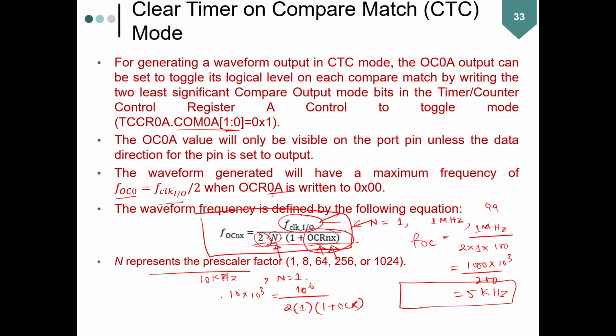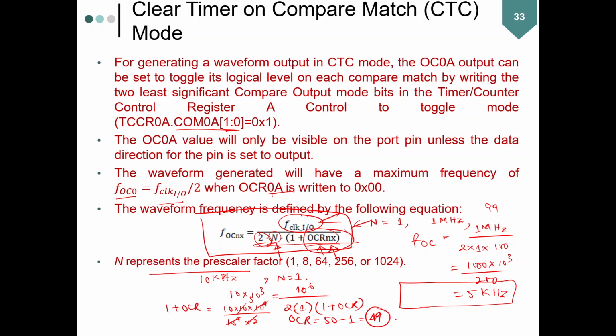So 1 plus OCR is equal to 10 into 10 into 10 raised to the power 4 divided by 10 raised to the power 4 into 2. I'm doing this simplification in a very childish manner just to show you how it works. So 2 fives are 10, so this is equal to 50. So the OCR value is going to be 50 minus 1, which is 49.